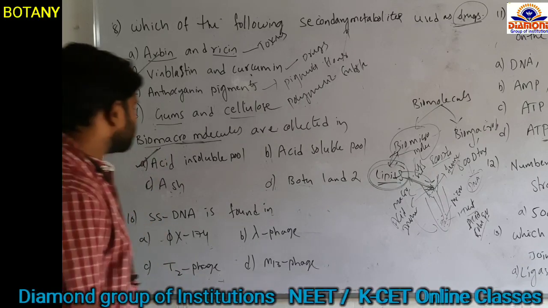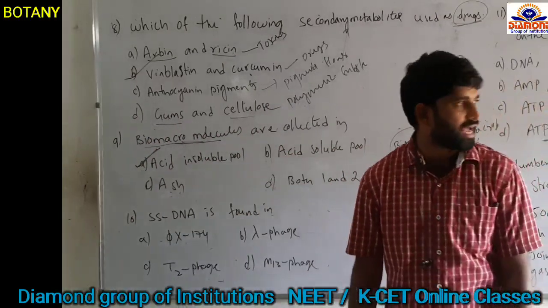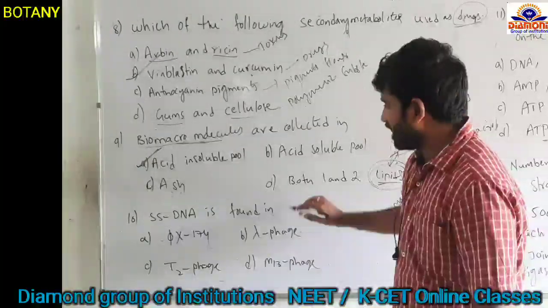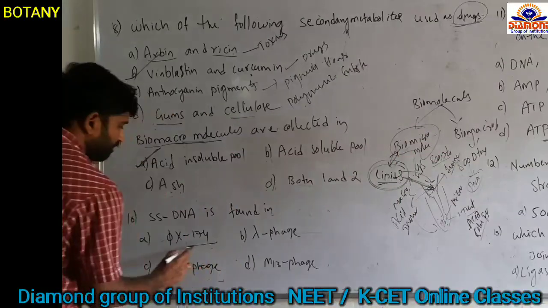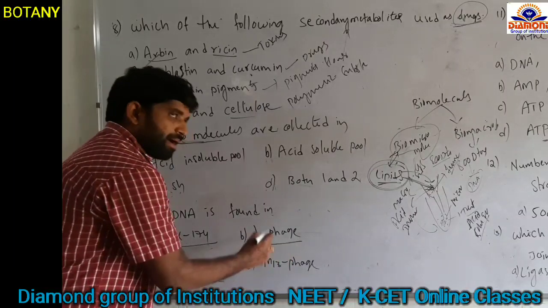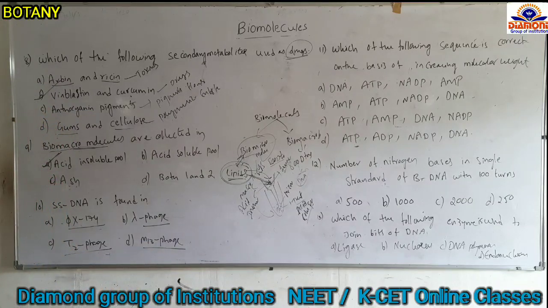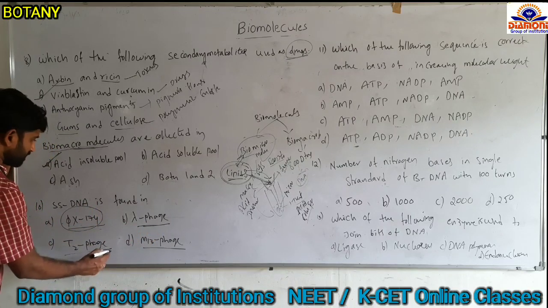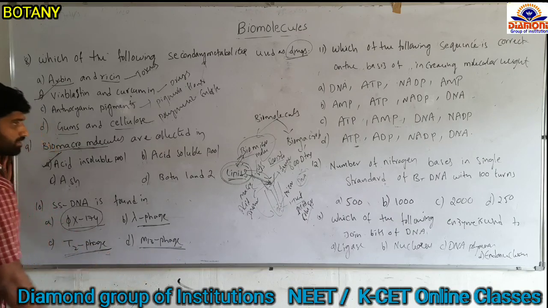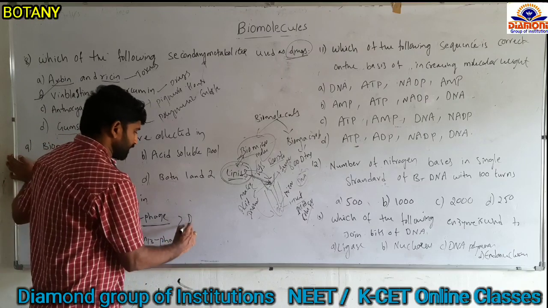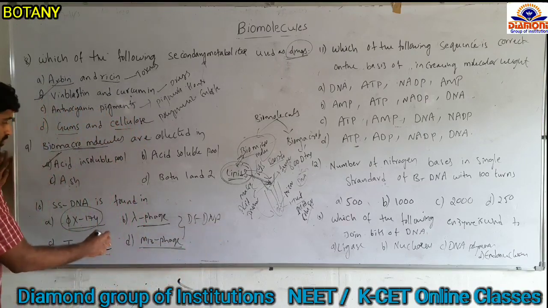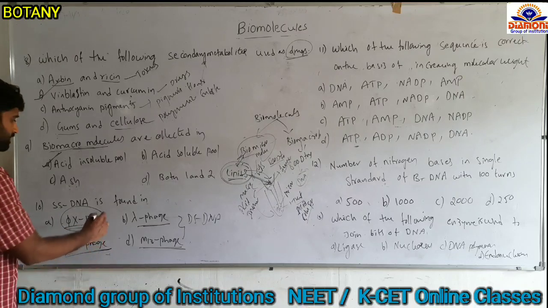And the next question, single stranded DNA, ssDNA. The options given are phi X174 bacteriophage, lambda bacteriophage, T2 bacteriophage and M13 bacteriophage. Out of these bacteriophages, phi X174 bacteriophage has single stranded DNA, and the remaining lambda, T2 and M13 bacteriophages contain double stranded DNA.